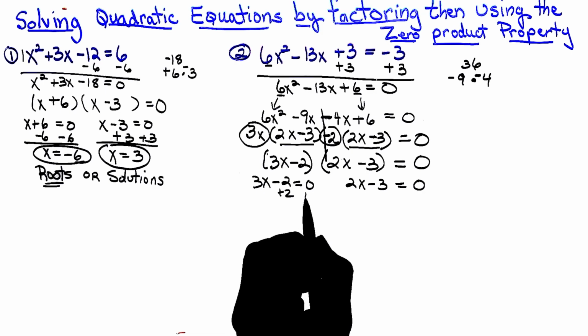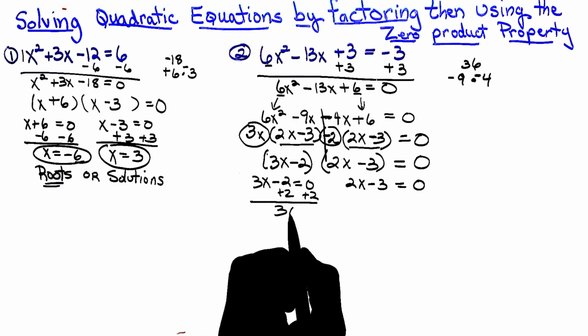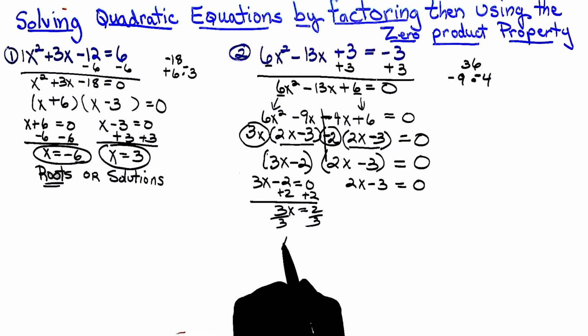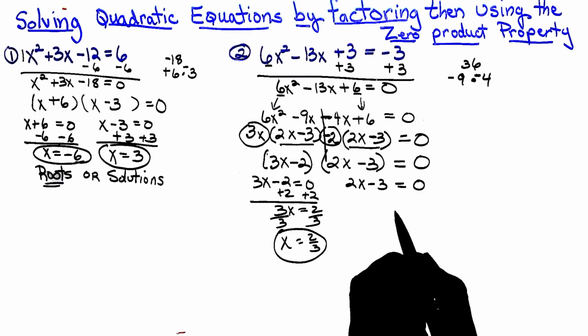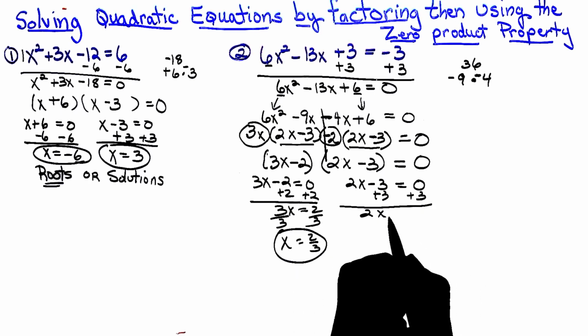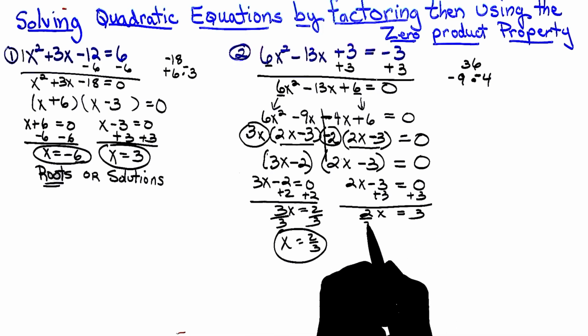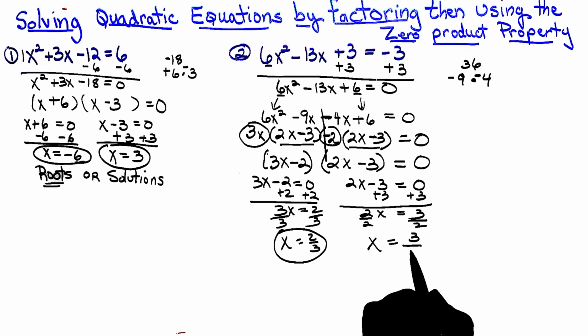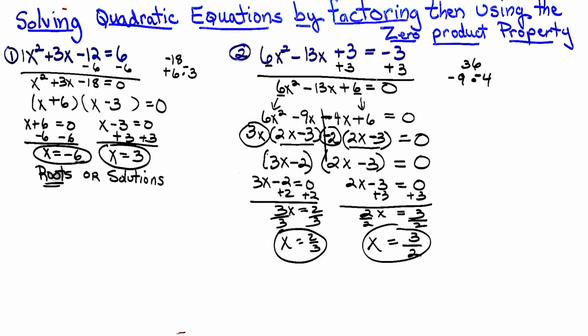We're just going to bring our number to the other side, so 3x is equal to 2. When we divide by 3, we get x is equal to 2/3. There's one of them. Let's bring the 3 to the other side of the equation. 2x is equal to 3, divide by 2, and x is equal to 3/2 is my other solution. Solutions or roots, that is how we'll name them.